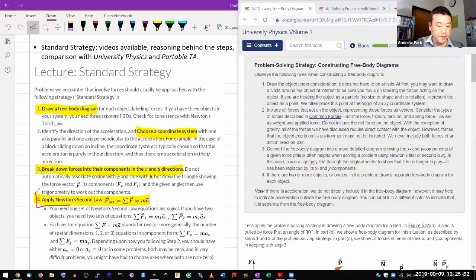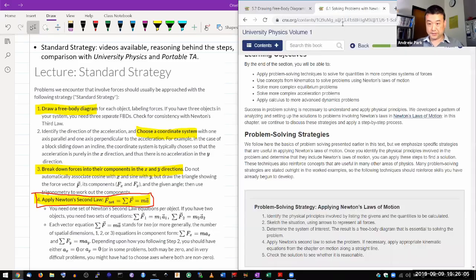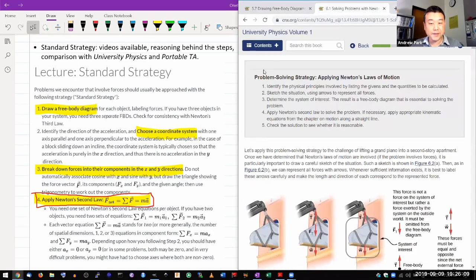That's a consequence of how the textbook breaks out this problem-solving strategy into 2 sections, one in chapter 5 and one in chapter 6. In chapter 6, they give you what they call problem-solving strategy, applying Newton's laws of motion.